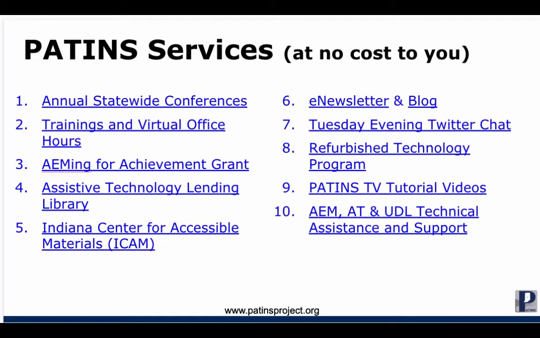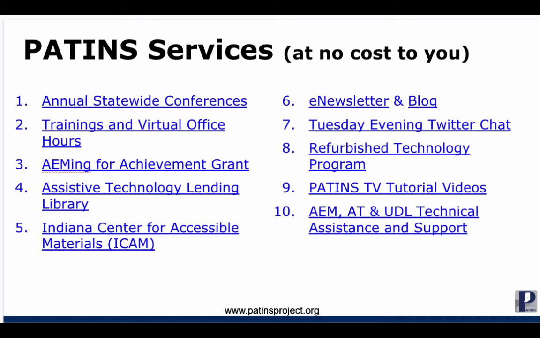And number 5, the Indiana Center for Accessible Materials. That is part of the PATINS project, and they provide books and digital print materials that are accessible for students with blindness, low vision, print disabilities, or physical difficulties manipulating books. You can get large print books, braille books, audio, and digital. We have an e-newsletter and blog. We have Tuesday evening Twitter chats.